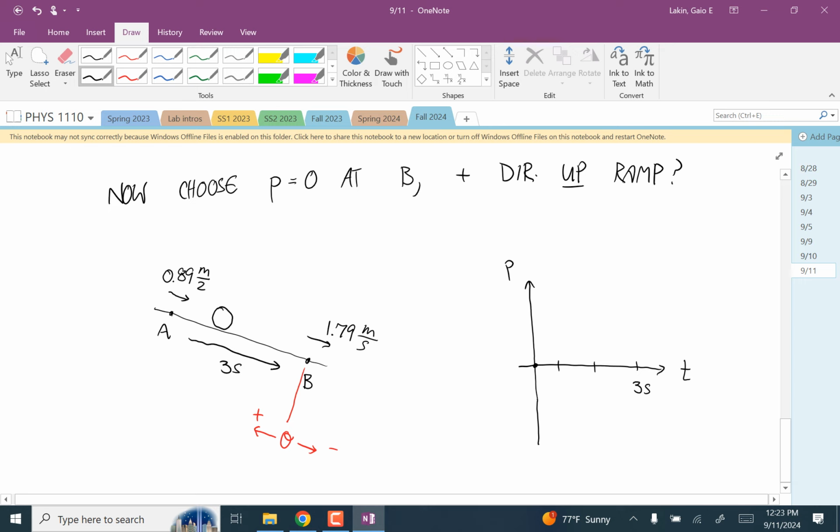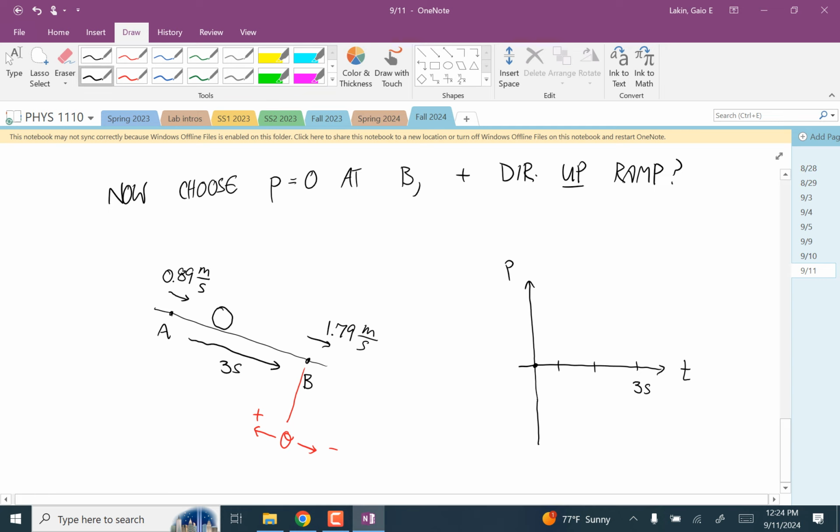And if the positive direction is up the ramp and the negative is down the ramp, this 0.89 meters per second, is that in the positive or negative direction? Negative. Yeah, that's negative. So that slope is going to be, well, let me get to that in a second.